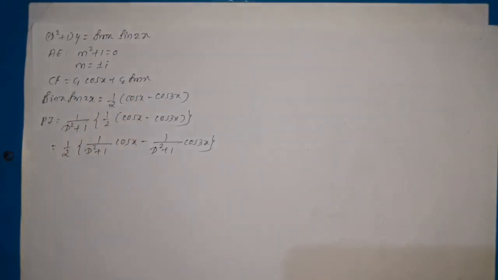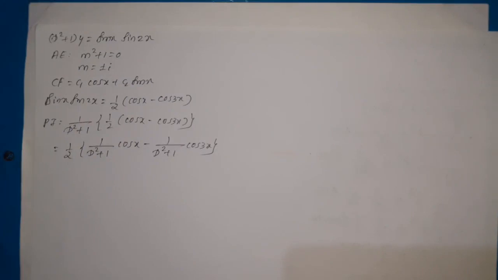So here on the RHS we have the product of two functions. Whenever there exists a product of two functions, we need to express that product as the sum or difference of two functions.